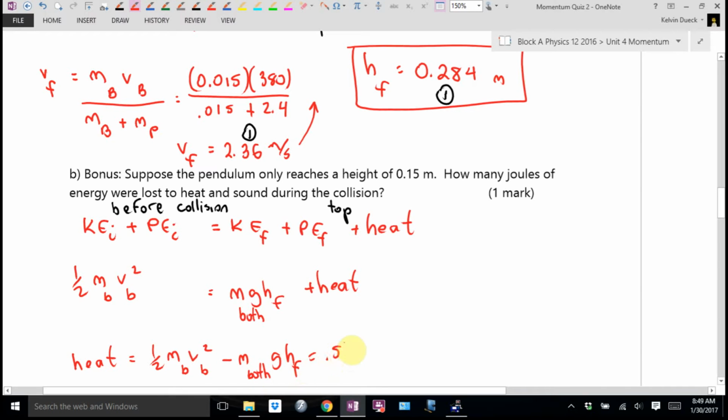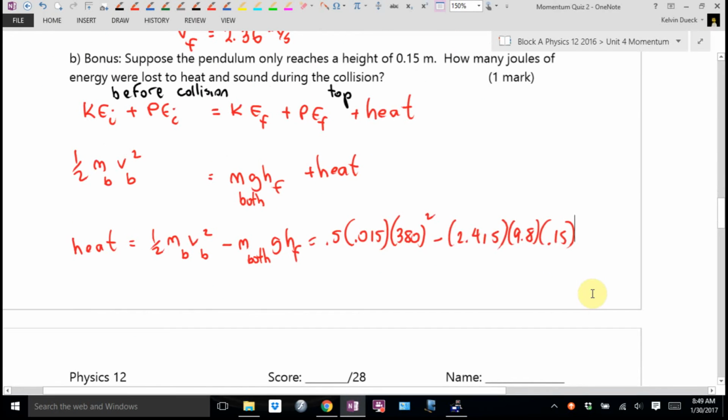It's going to be 0.5 times the mass of the bullet, 0.015, times its initial velocity squared. That's how much energy we poured into the system, all the kinetic energy. At the very end, we had 2.415, I can add that in my head, times 9.8 times 0.15.